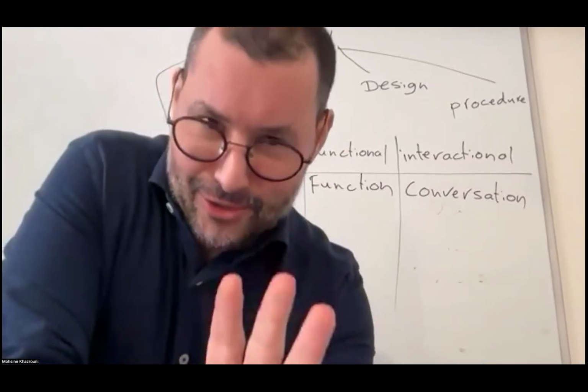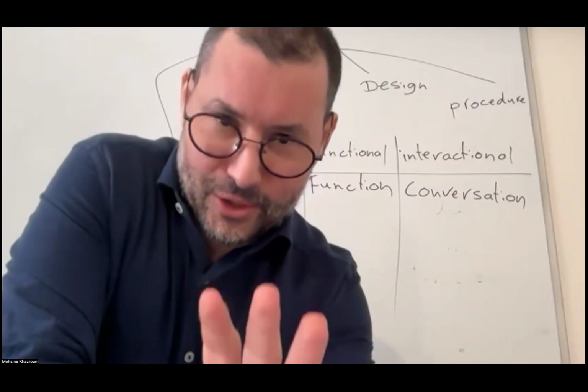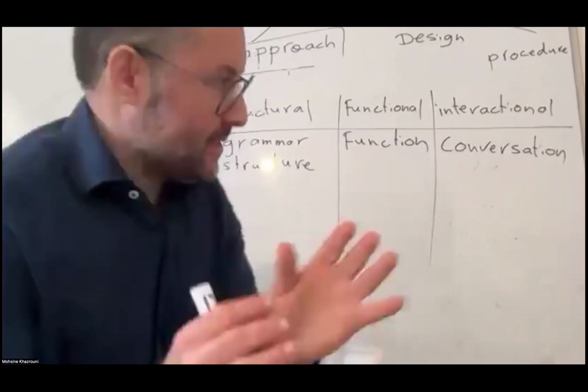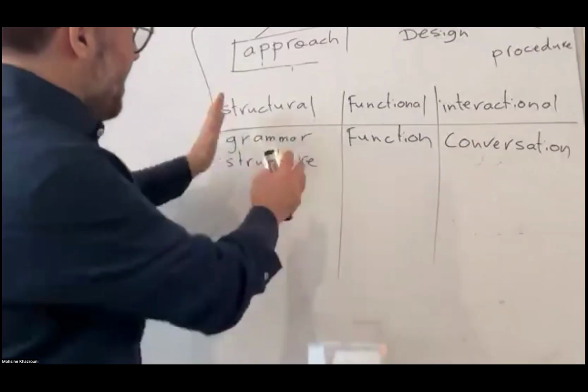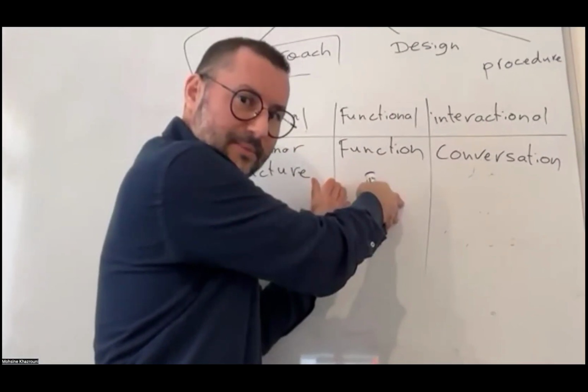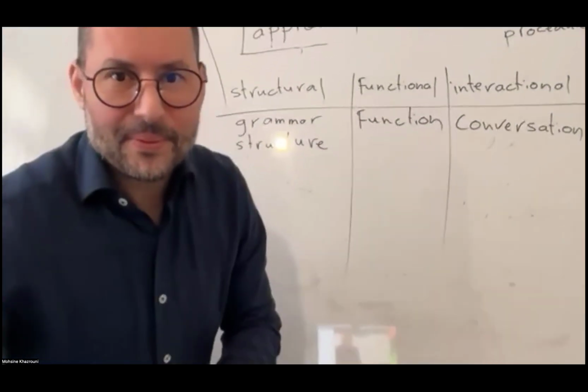Rida, sorry to interrupt you. Your answer is good. But I would like you to try to include the three approaches at the same time. So we have structural, then functional, and then interactional.